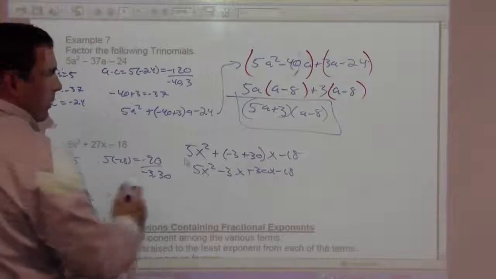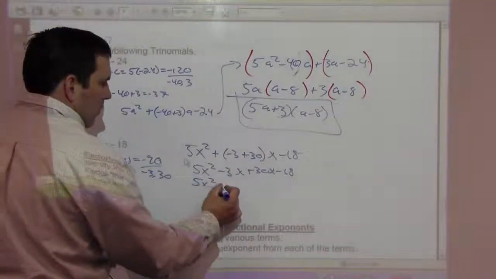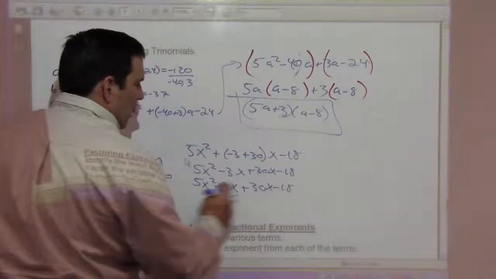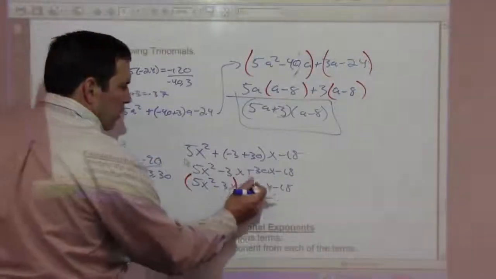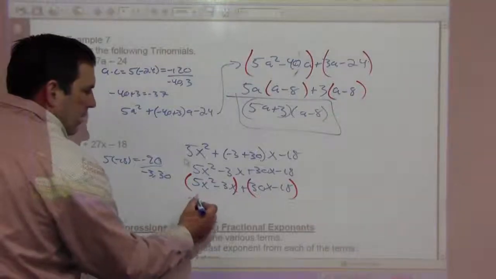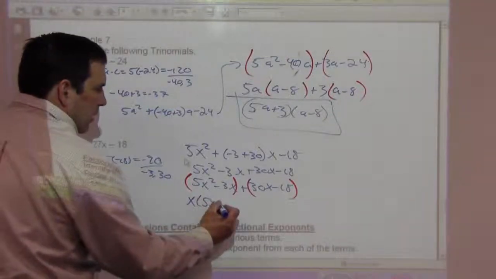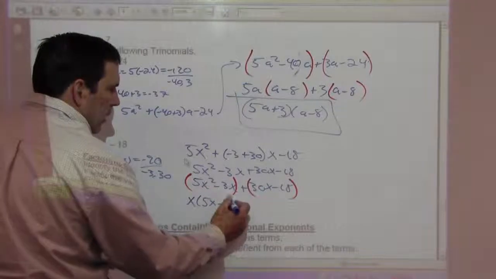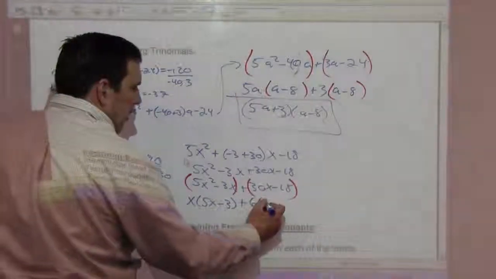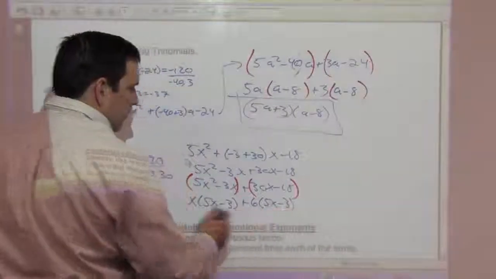I'll write it one more time. So this part is going to be grouped, these two and these two. Out of the first pair, we can pull an x, and we have 5x minus 3. Out of the second pair, we could pull out a 6, and we'd have 5x minus 3.